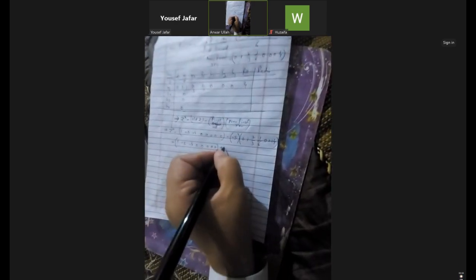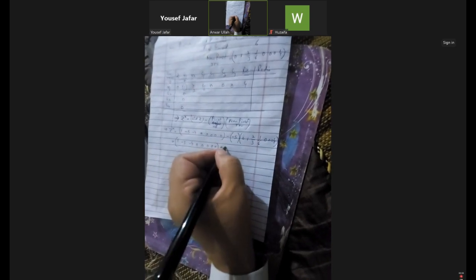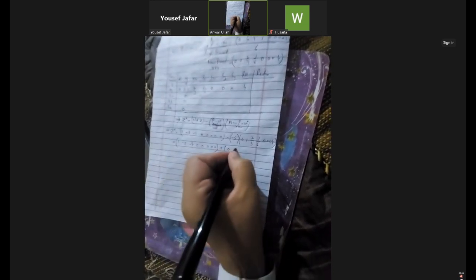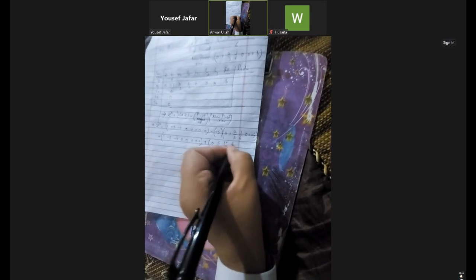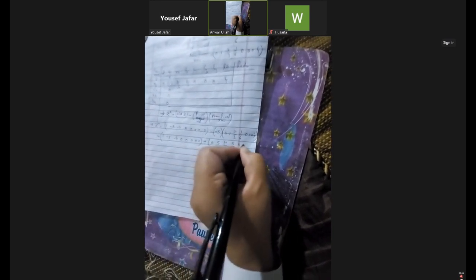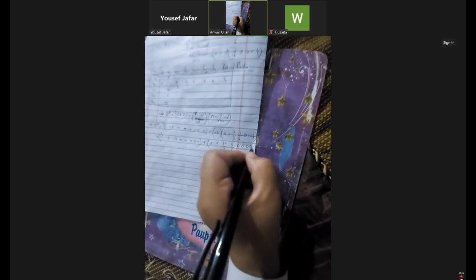So what we get over here is 1, minus 5, minus 4, 0, 0, 0, 0, 0. Minus into minus becomes plus. So plus, and we have over here 5 multiplied by 0, we get 0. 5 into 1, we get 5. 5 into 2 by 3 is 10 by 3, which is about 3.33. 5 into 1 over 6 is 5 by 6. 0 into 0, 0 into 0, 0 into 0, and 5 into 4 is 20.